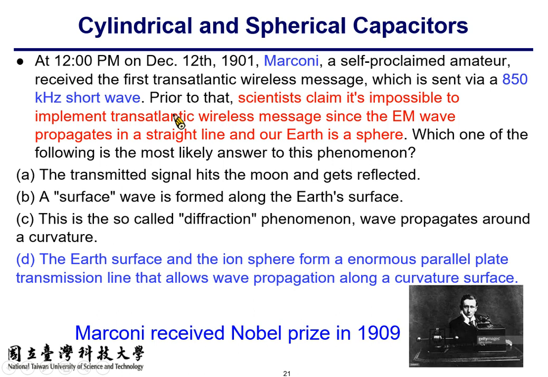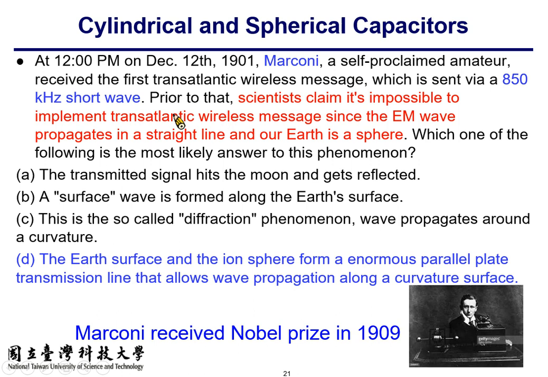Some of the electromagnetic waves going this way get reflected by the ionosphere, so they bounce up and down between the Earth and the ionosphere.